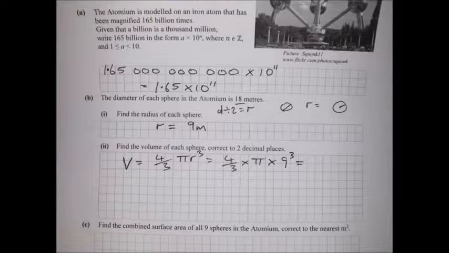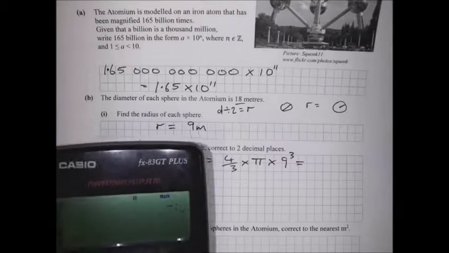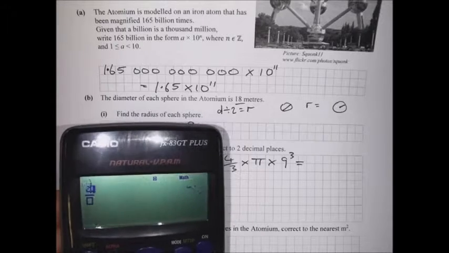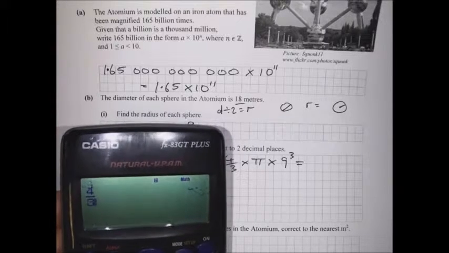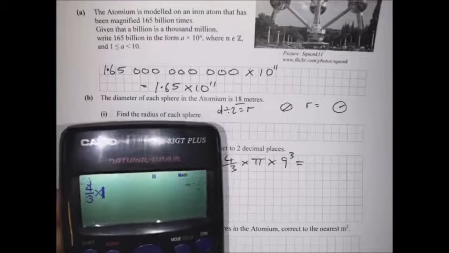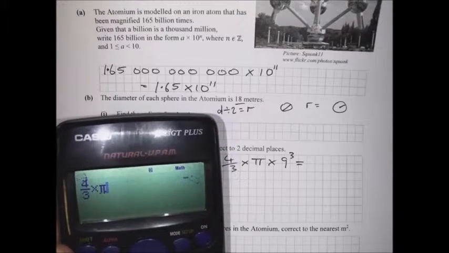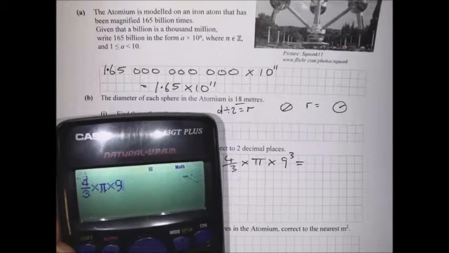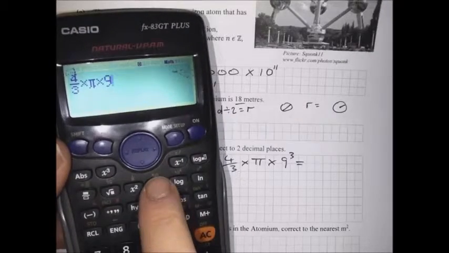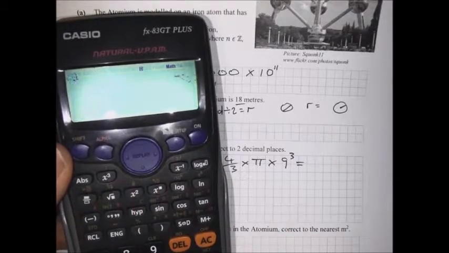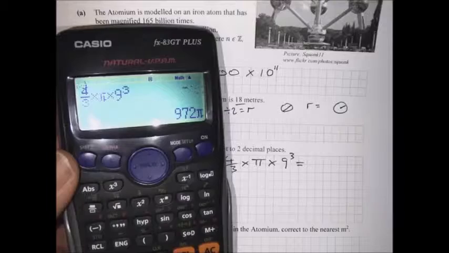We'll bang that all into the calculator, taking care while doing so. So first of all, we 4 over 3 multiplied by pi, so shift and down below there to get the pi key, multiplied by 9 to the power of 3, and press equals. We get 972 pi.